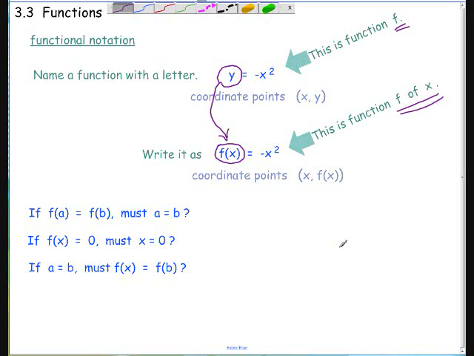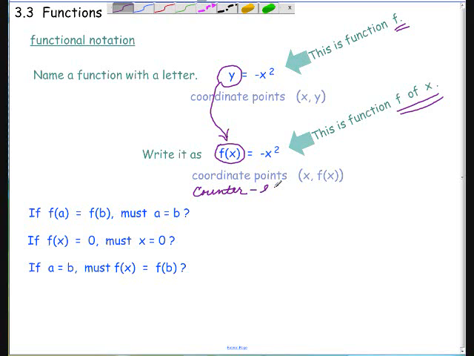Let's see if we understand this. If function f of a equals function f of b, and this doesn't limit it to any particular point or anything, it's throughout, must a equal b? Now, how would we answer this? Well, whenever we're asked one of these true or false questions, we look for a counterexample.